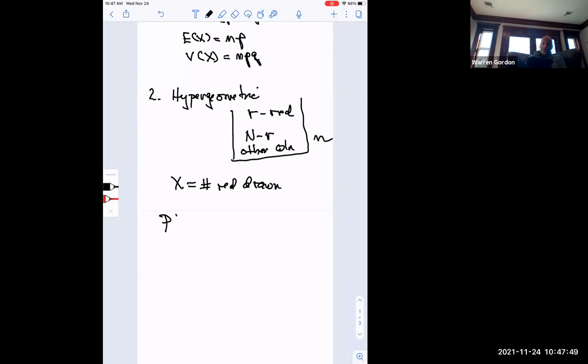Then the probability that X equals K is, from the R red, we choose K, from the N minus R, we choose N minus K, over N choose little n.